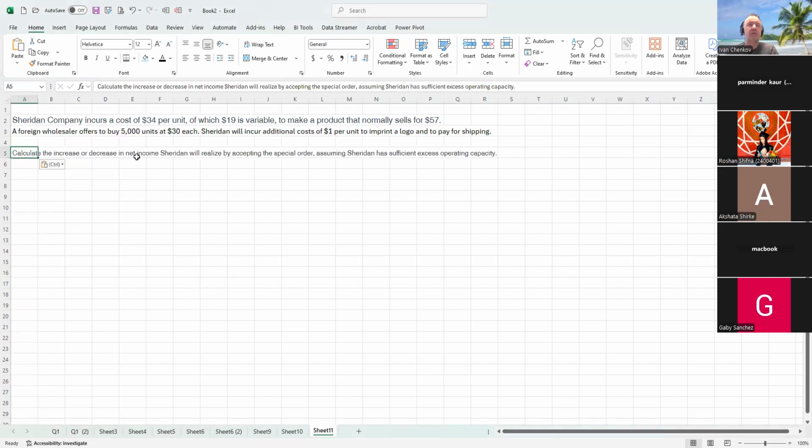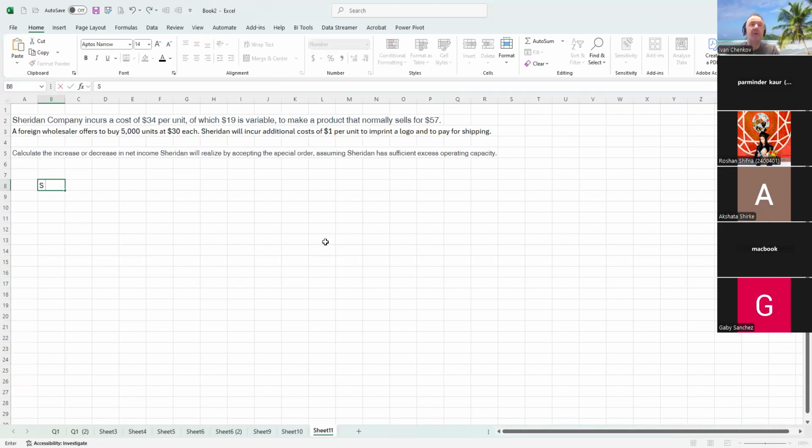Calculate the increase or decrease in the net income if they accept the offer, assuming excess operating capacity. So we have to do that incremental analysis. So let's go. Sales price. How much is my sales price? How much did they offer me? 57 is the normal sales price. Oh, $30. Okay.